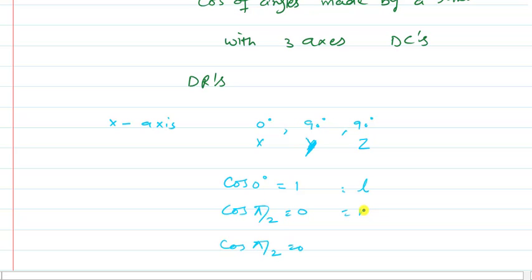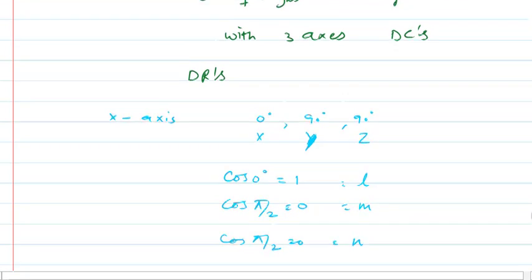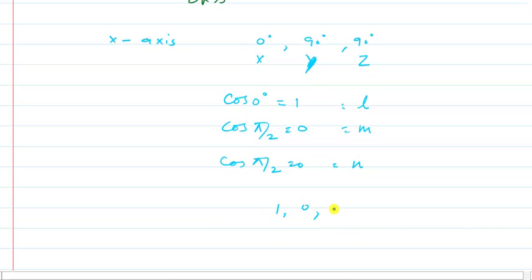As I told you, sometimes we call them as L, M, N also. So the direction cosines of x-axis are 1, 0, 0, and the same are the direction ratios, because there is nothing which we can simplify.